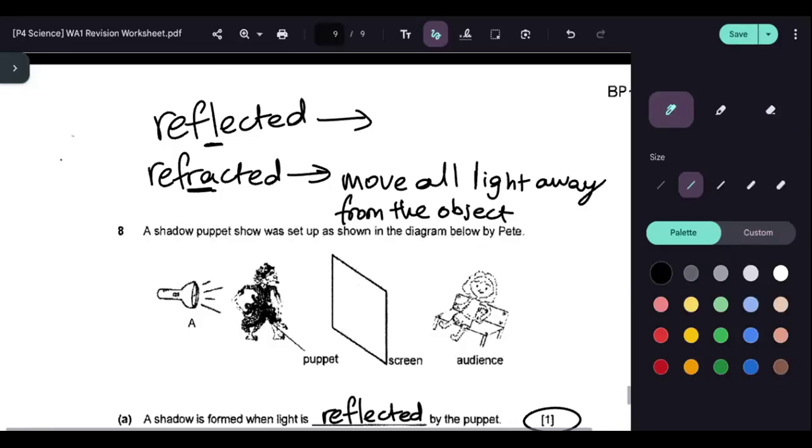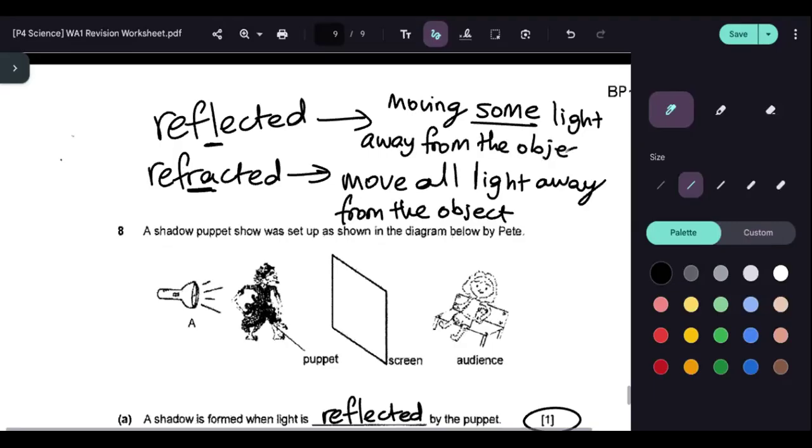Okay, it will totally change the meaning. Reflected means moving some light away from the object. Okay, can?